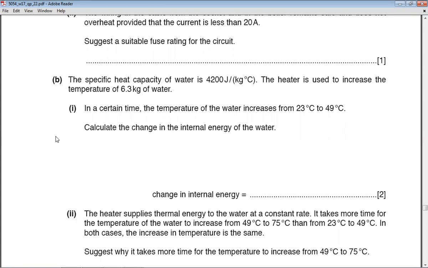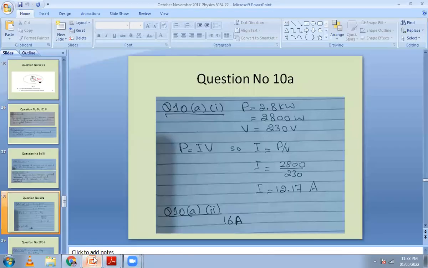The specific heat capacity of the water is given, 4200 joules per kg per degree centigrade. The mass of the water is given, that's 6.3 kg. And the temperature changed from 23 to 49. So very easily I can calculate how much heat is involved. That's a 2 marks question. Let me show you my answer.